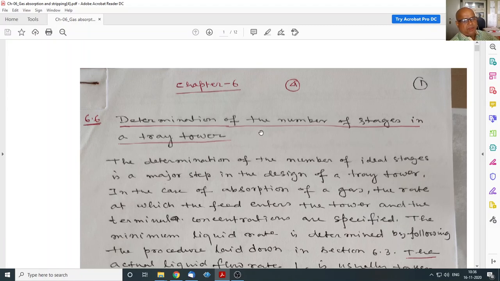Today we will calculate the number of ideal stages. So if the number of stages is 10 and the spacing between two trays is 1 meter, then 10 times 1, that is 10 meters, will be the height.